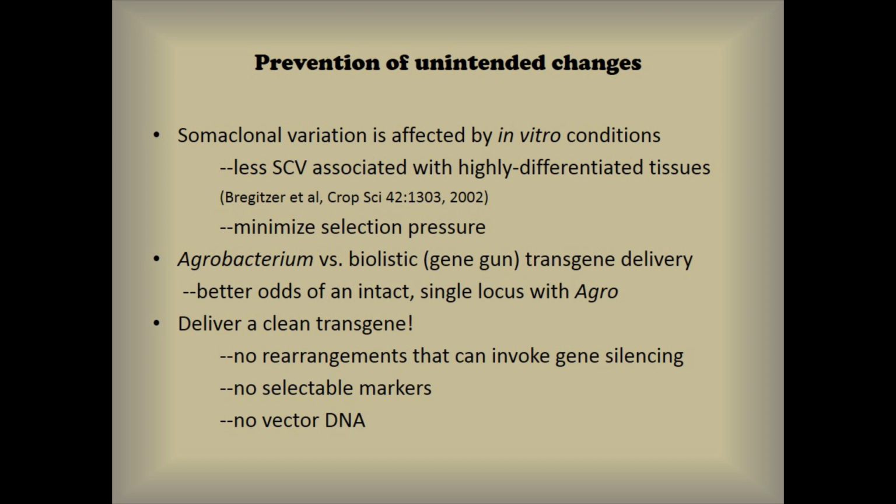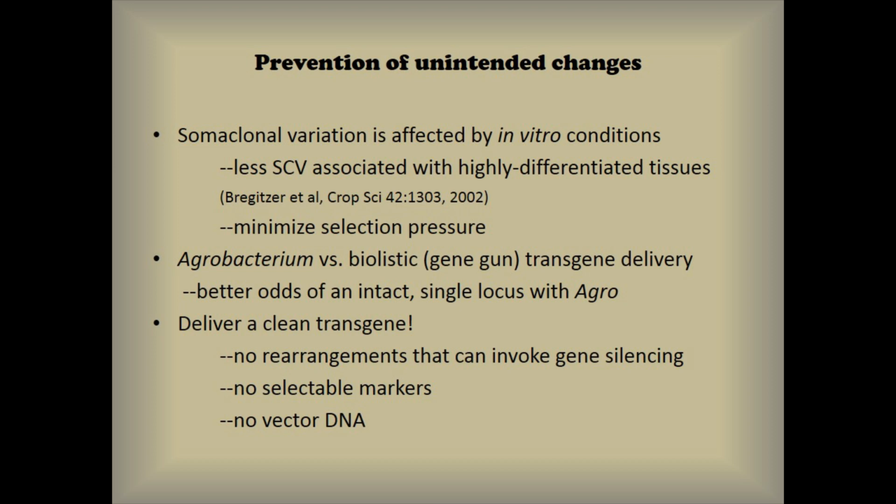And also we minimize the selection pressure that we use by using the lowest concentration and keeping it in the culture media for the minimum time necessary for selecting the transgenic tissue. We use Agrobacterium transgene delivery instead of biolistic gene delivery because we have better odds of having an intact single locus when we use Agrobacterium.